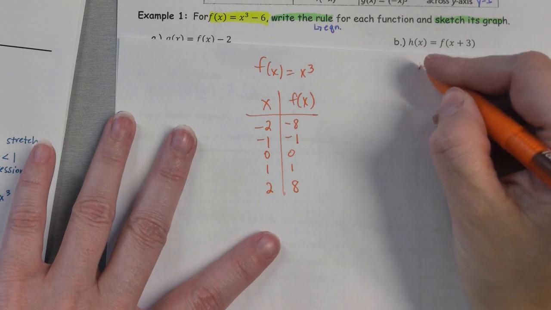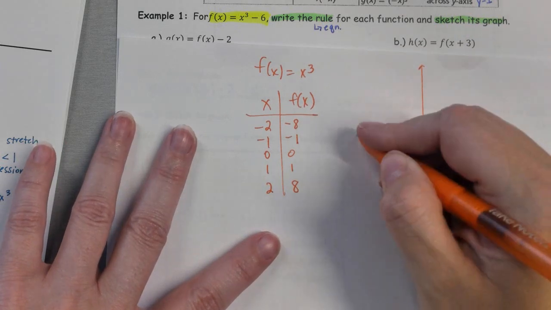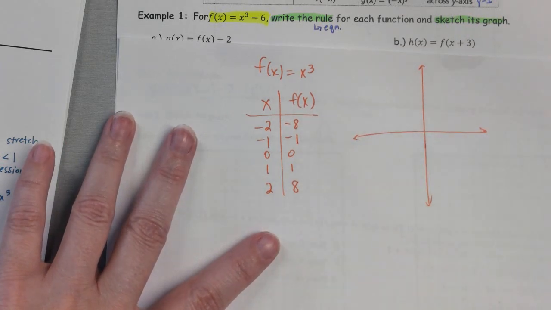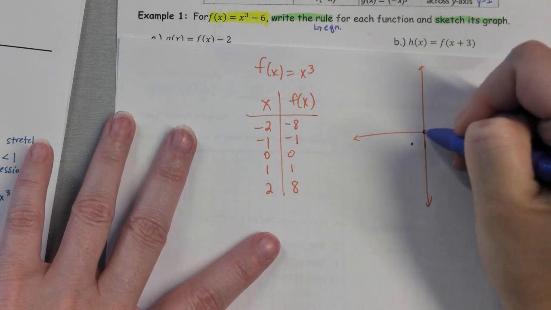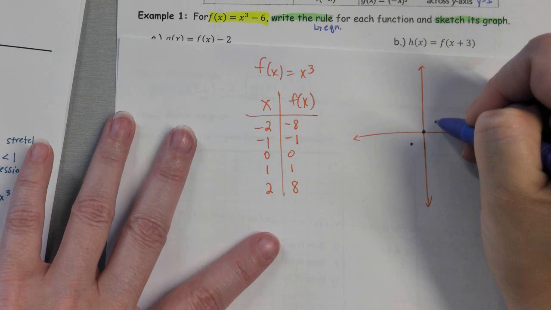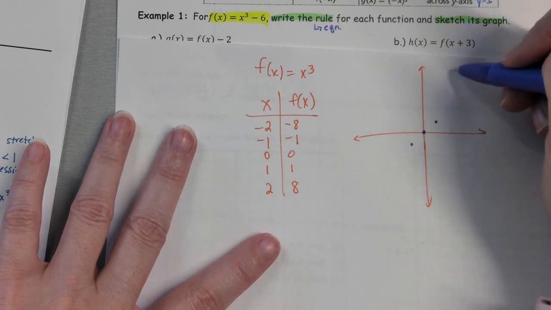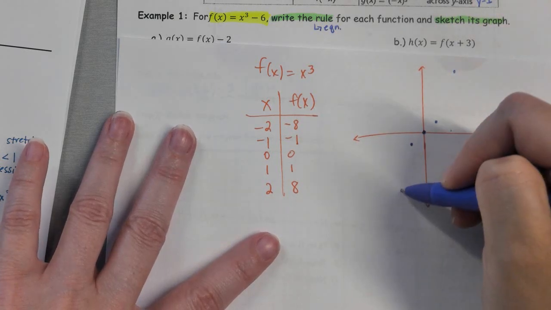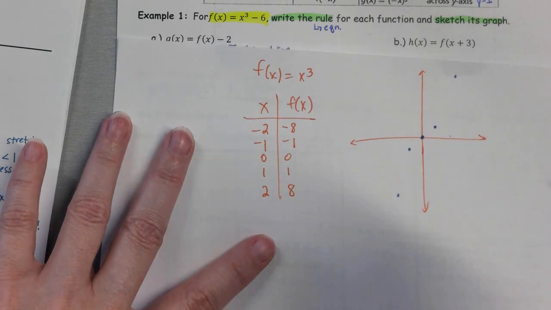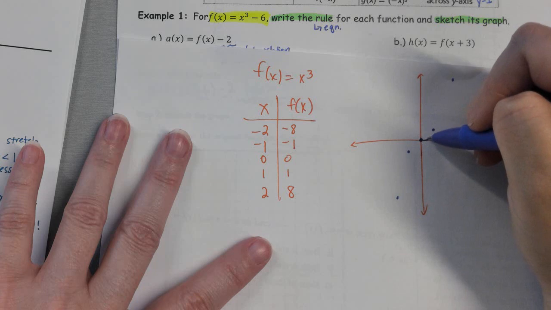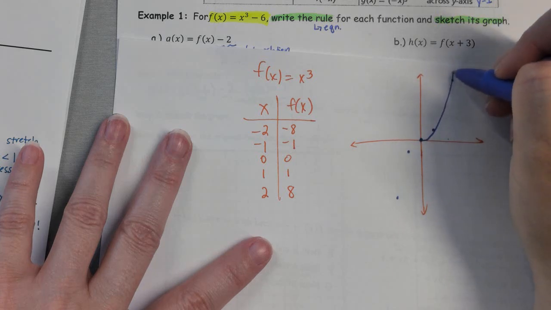Okay, so if I just did a quick sketch of what that looks like, 0, 0 would be here, -1, -1, +1, +1, and then 2, 8, -2, -8. And this is how you draw a cubic function. This side curves up.